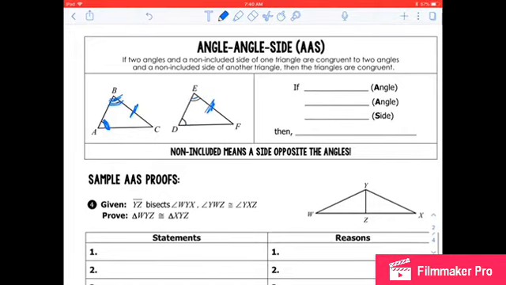Okay, so A's next to each other, and then S. So in this case, if angle A is congruent to angle D, and then we also have angle B congruent to angle E, and then the next side is BC congruent to EF. If you've got angle, angle, side, then you can say the triangles are therefore congruent.